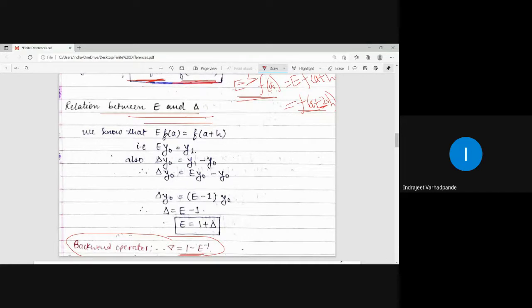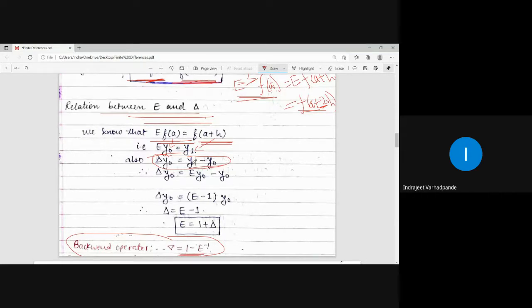To start with, we know that E of f of a is f of a plus h, but f of a is entry y0, f of a plus h is entry y1, and delta y0 is nothing but y1 minus y0. वो entry अपन देखे थे, delta when operated on y0 is nothing but the difference between the next and the previous. So E of y0 is y1, and delta y0 is y1 minus y0.